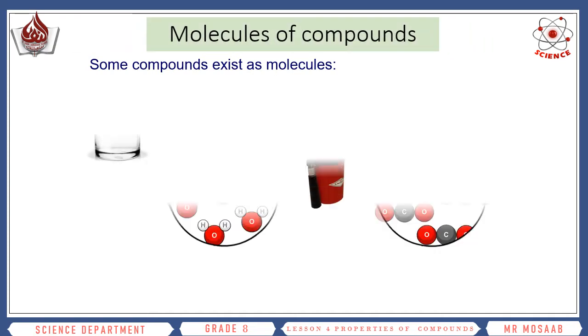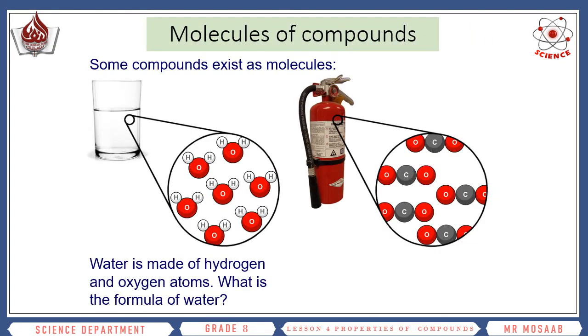Water is made of hydrogen and oxygen. What is the formula of water? Of course, we have here two hydrogen atoms and one oxygen atom. So it would be H2O.